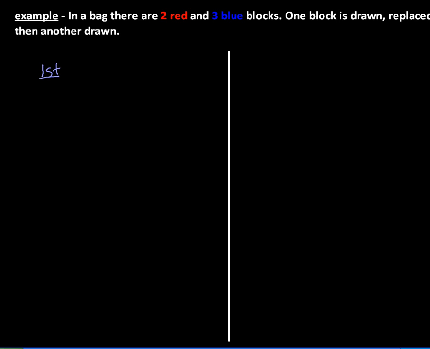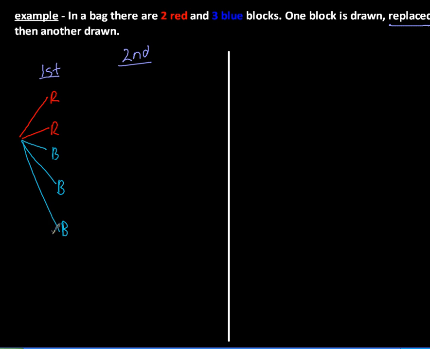So let's write those down. In my first draw I could have a red, or I could have my 3 blue. So blue, blue, oh this is getting tedious already, blue, blue, blue. Alright, now let's have a look at what our second draw would be. Since we replace the block, does what we get on the first draw have any effect on our second draw?